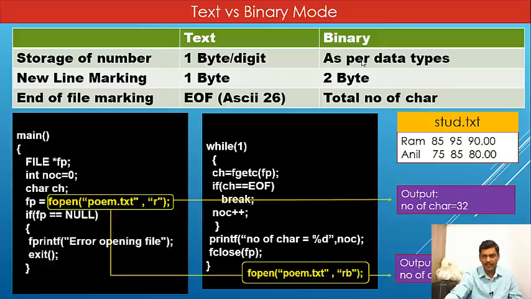In binary mode, as per data type, integer data takes 2 bytes, float 4 bytes, double 8 bytes, character 1 byte. For example, if you want to store 45,000 in text mode, it will take 5 bytes because it requires a byte per digit. 45000 is totally 5 digits, so each digit requires 1 byte, and the total memory required is 5 bytes.